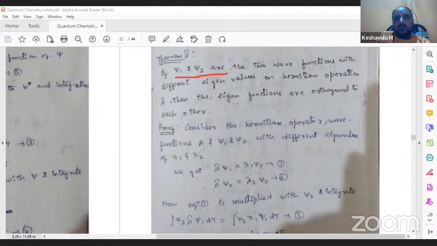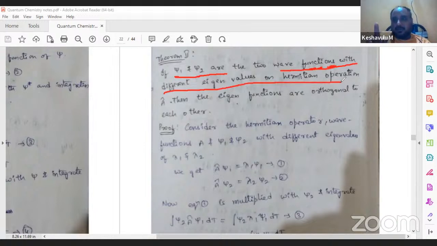If psi 1 and psi 2 are two wave functions, previously we had only one wave function, right? Here two wave functions are there, that is psi 1 and psi 2. These two wave functions have different eigenvalues for a Hermitian operator.